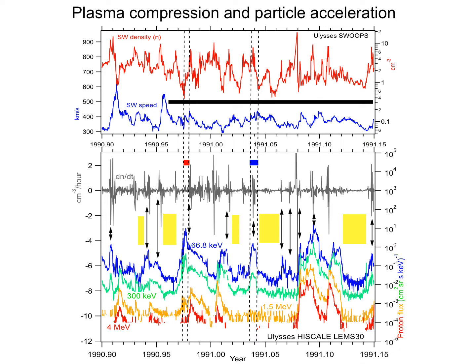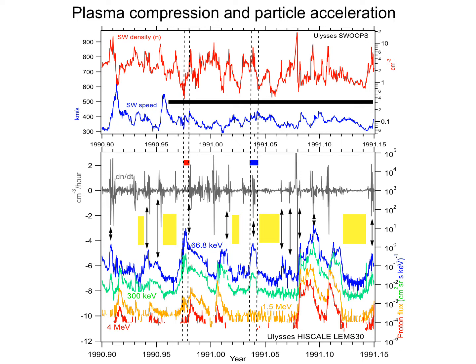When there is a large change of solar wind density, we often see that the superthermal particle intensity is enhanced. When the density fluctuations are small, we see that the superthermal particle intensity tends to be low.